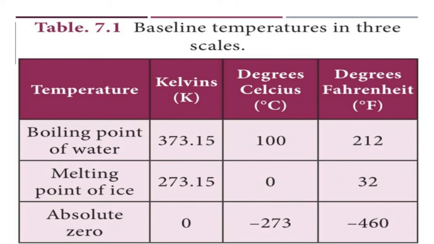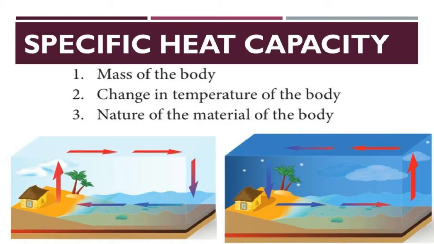Melting point of ice in Kelvin scale is 273.15, in degrees Celsius 0, and in degrees Fahrenheit 32. Absolute zero in Kelvin scale is 0, in degrees Celsius minus 273, in degrees Fahrenheit minus 460.